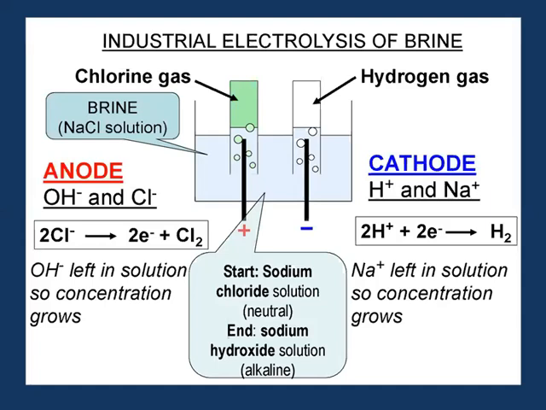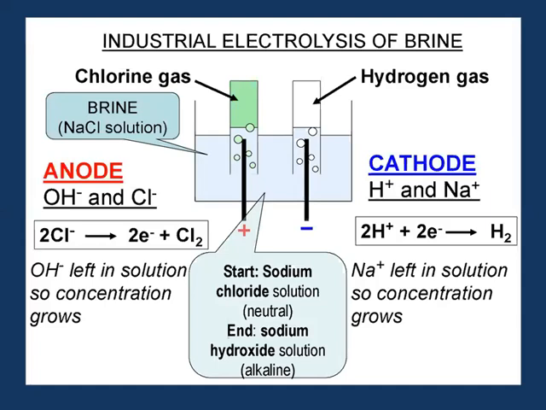The aqueous solution allows ion formation and dissociation in it. Hence, the electricity passes through it, resulting in the dissociation of ions. Sodium chloride gives sodium ion and chloride ion.